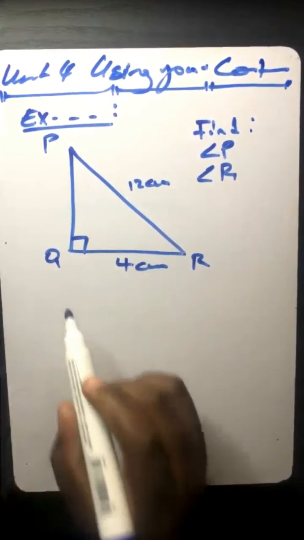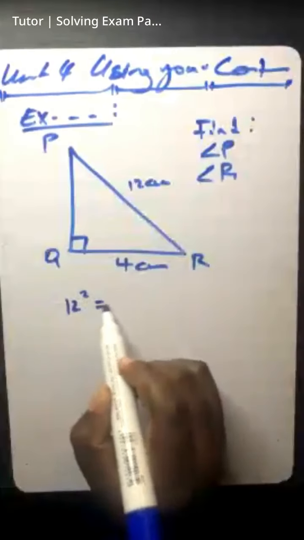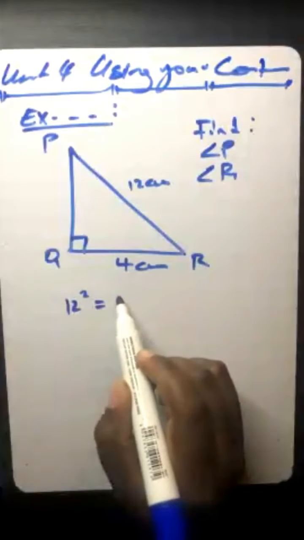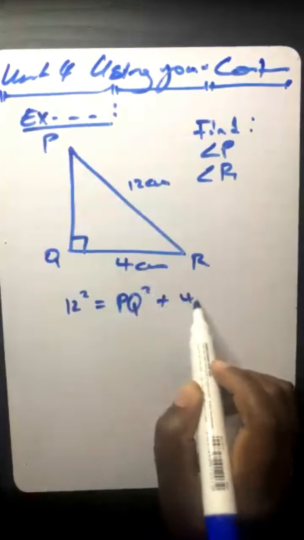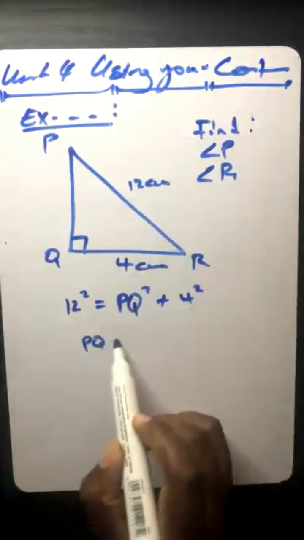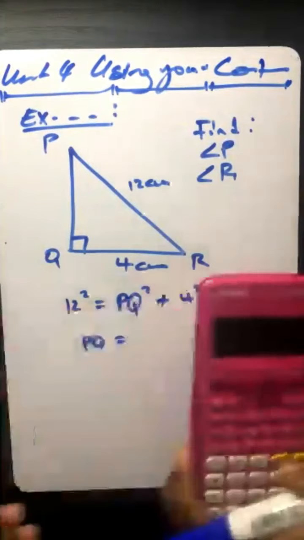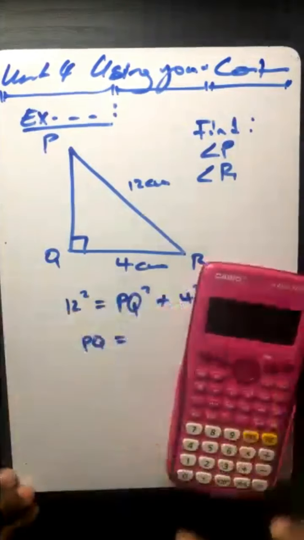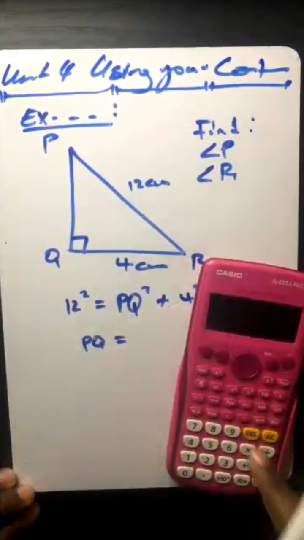The theorem of Pythagoras. So that means we have 12 squared equals PQ squared plus 4 squared. So what will PQ be? Let's see. We must have 12 squared minus 4 squared, which equals that.